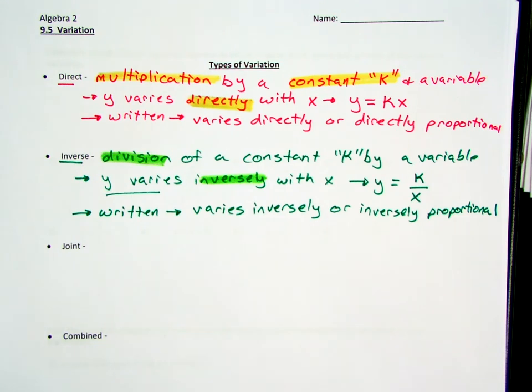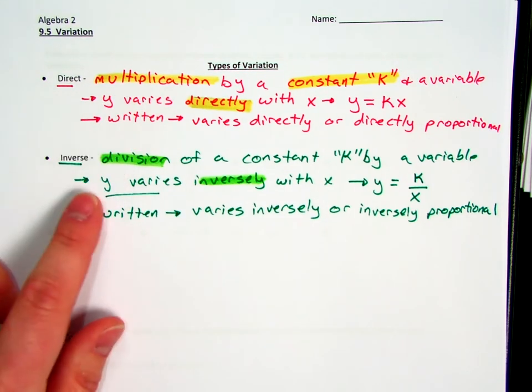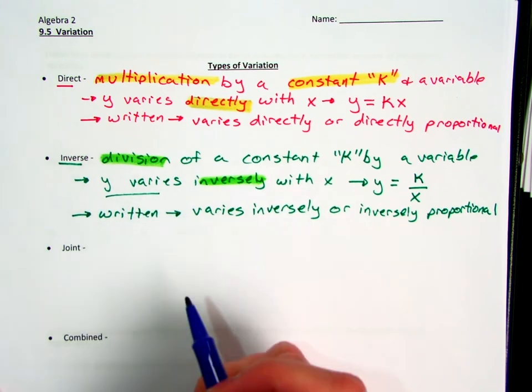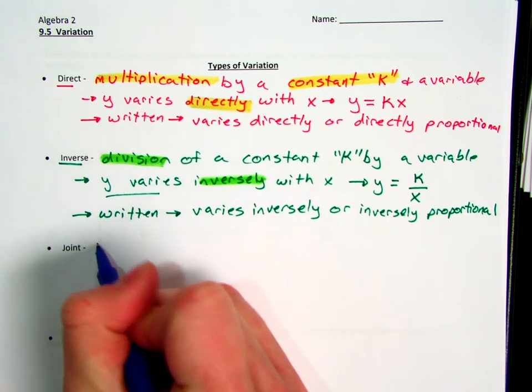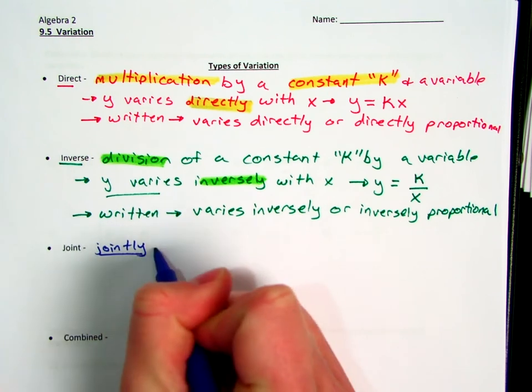Okay, so we have to remember that direct means multiplication, inverse means division, and now we're going to look at jointly and combined. Now those ones actually take it a step further. We're still going to be doing multiplication and division, but we might have to do it multiple times. So when we talk about joint variation, a lot of times you'll see it written as jointly when you're reading a problem.